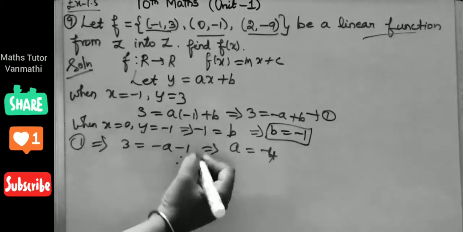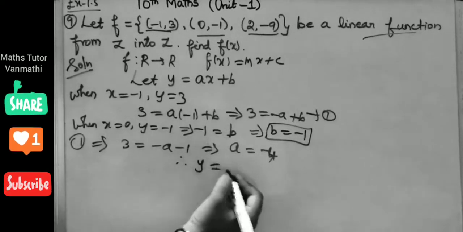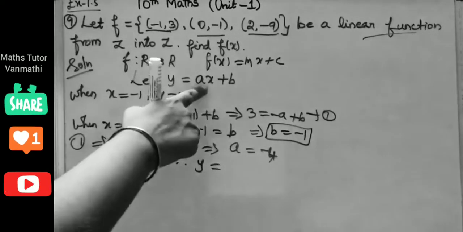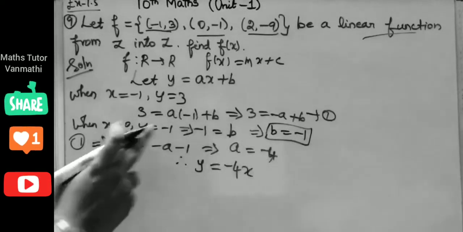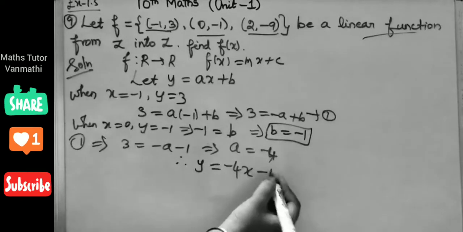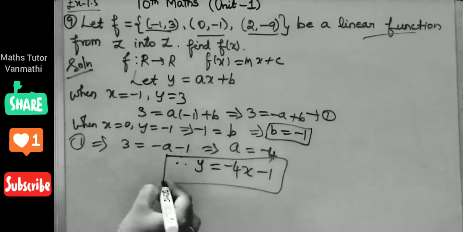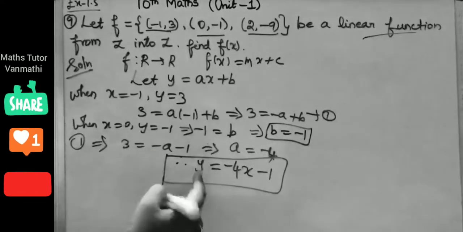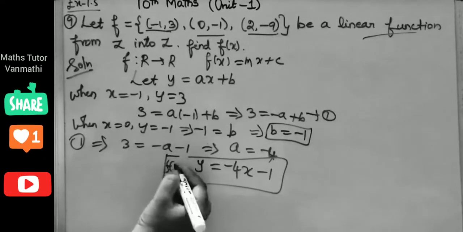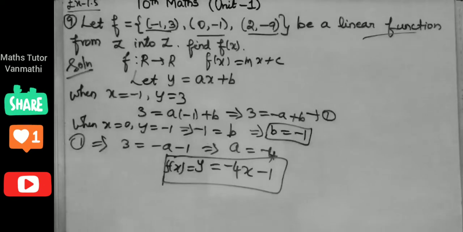From this we can write in this format as y is equal to a value, minus 4, into x, and b value is minus 1. So this is the y value, that is, this is your f of x value. Y is nothing but your f of x. Okay, clear?